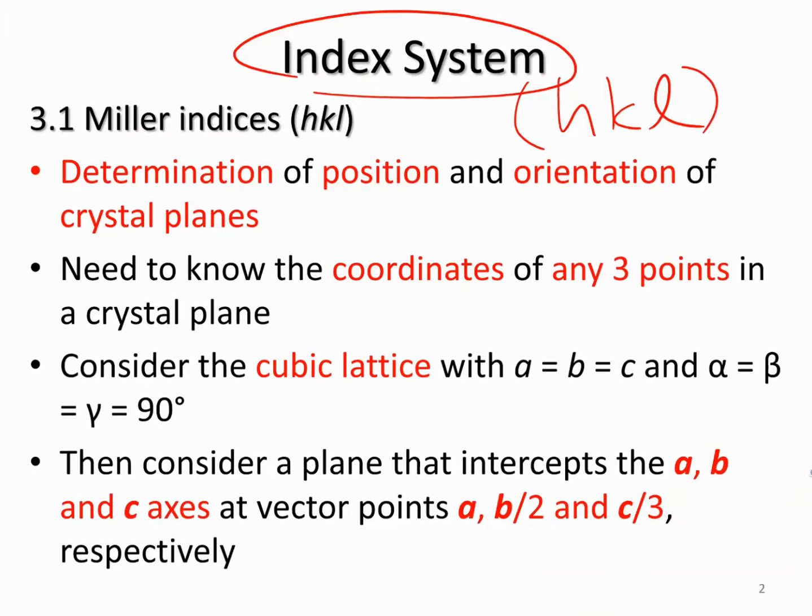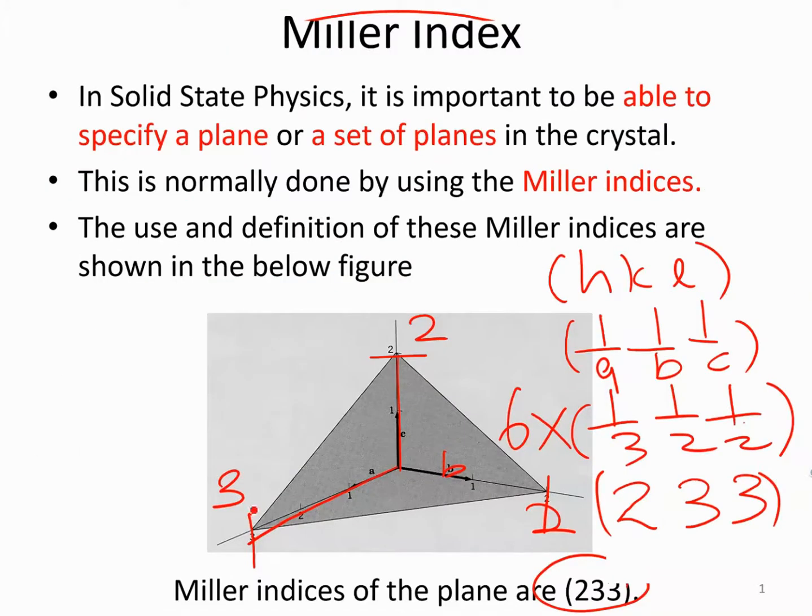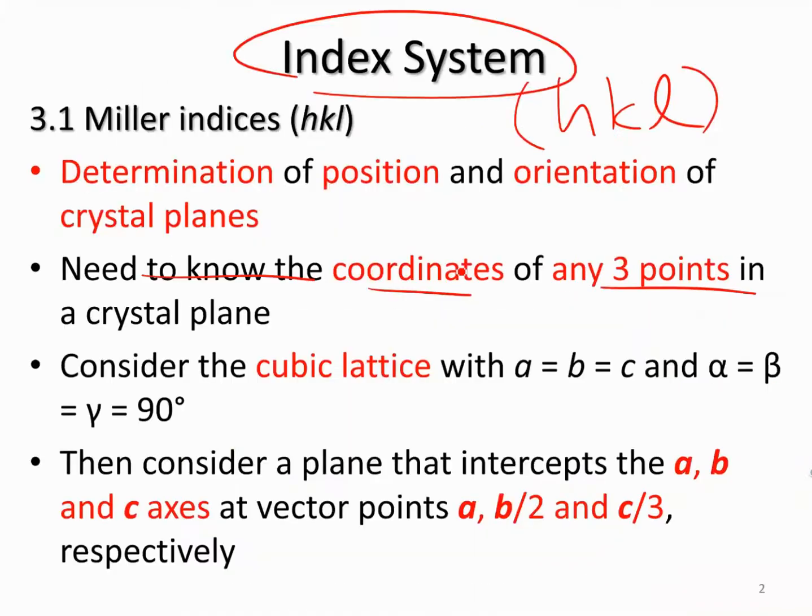And we need to know the coordinates of any 3 points in a crystal plane. Let's say just now, you need to know the coordinates of any 3 points. Then you get point A 3, point B 2, point C 2. So we need to know these 3 points, then only can we convert them into HKL.